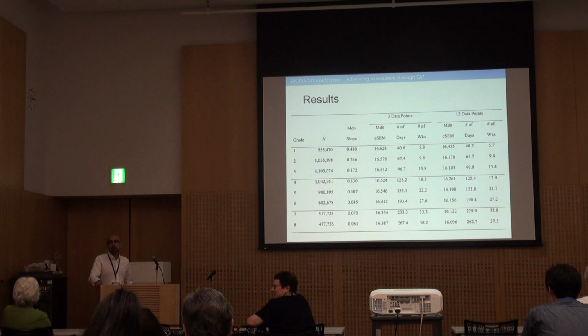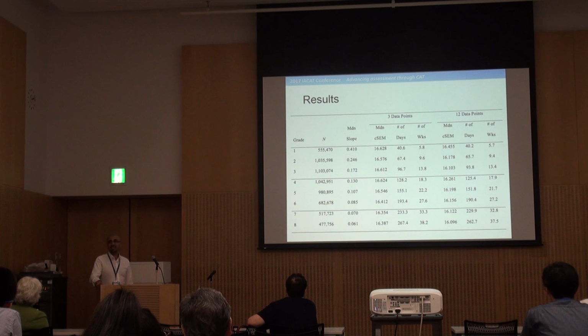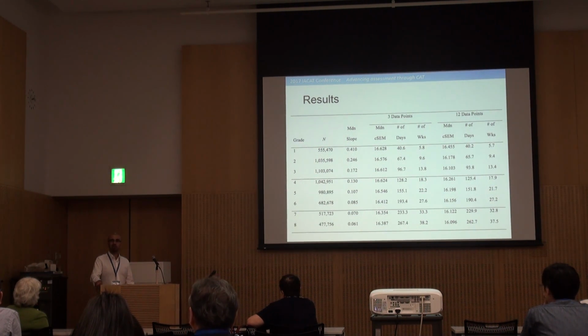In this case, if we are measuring through compensatory education, the results are the same just because the CSEM is the same across 3 tests versus 12 tests. Even after each CAT administration, the conditional standard error of measurement was around 16 scale score points.